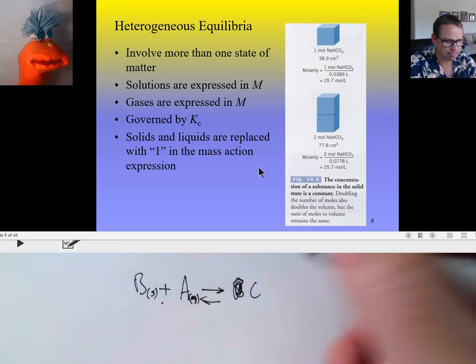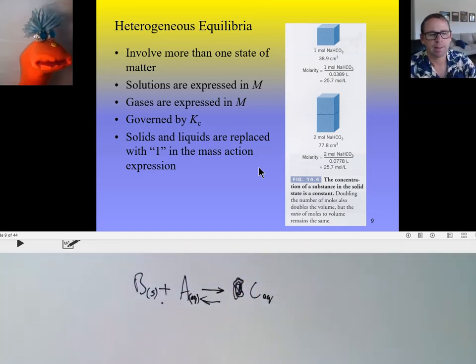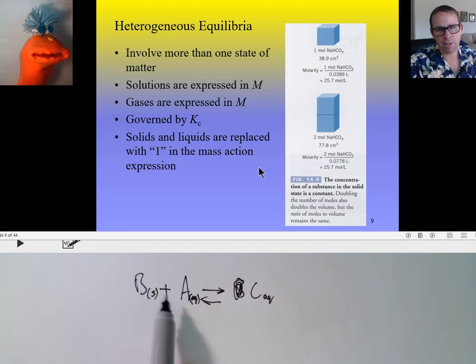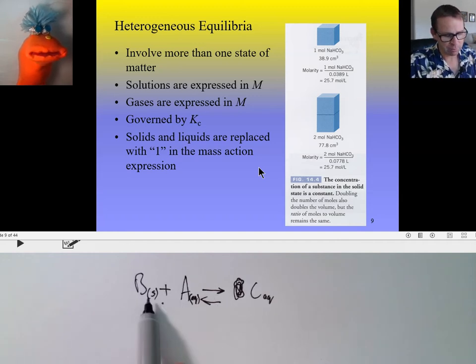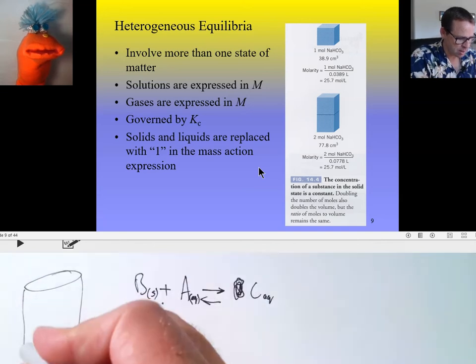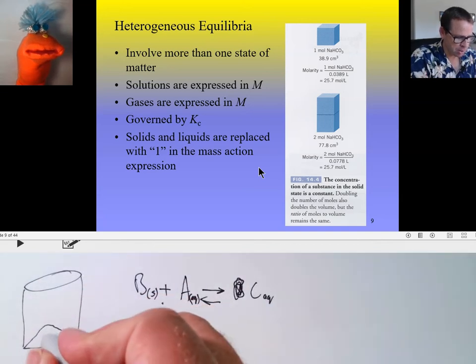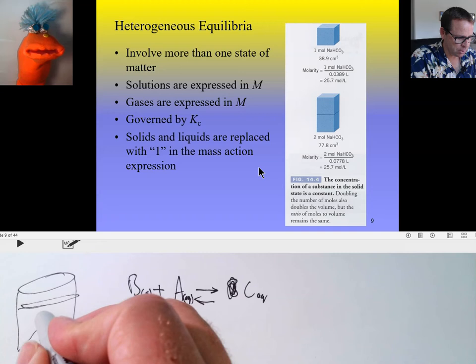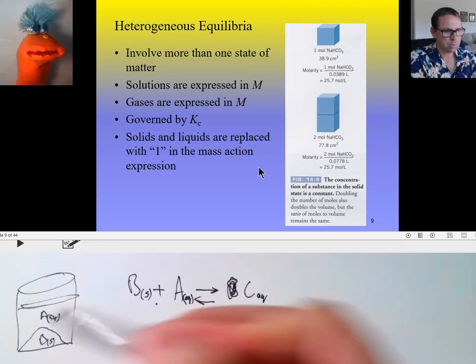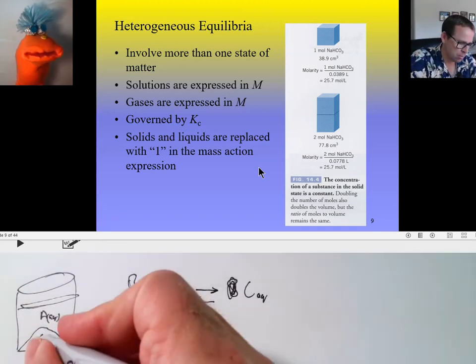And we're forming C, which is aqueous. Well, if this reaction is occurring as it's written, and we have B in some container, and it's solid, so there's some solid B here, and A is dissolved in water, it's aqueous, right?